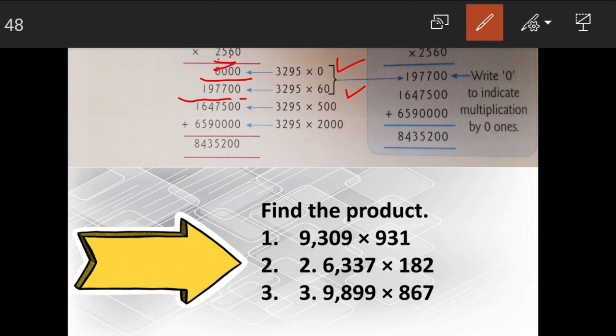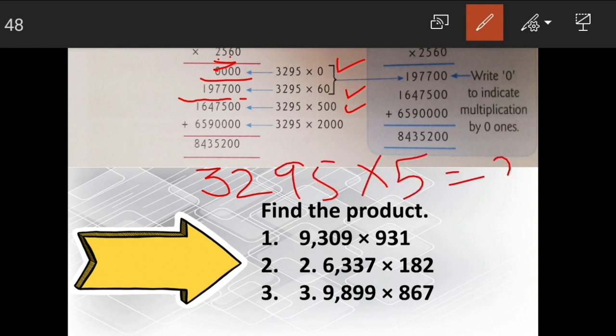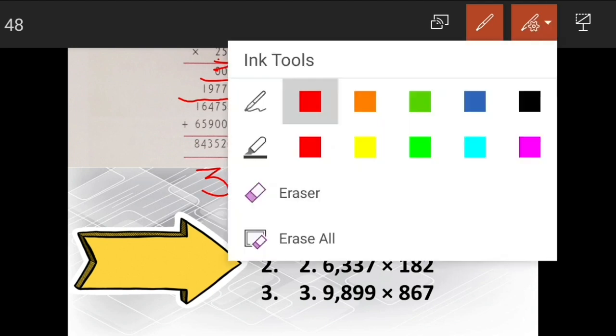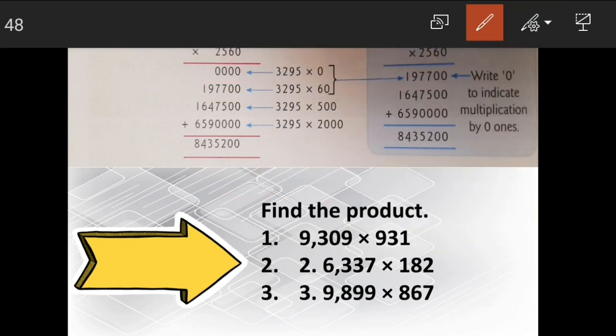Because 5 is in the hundreds place, that means we are actually multiplying 500 with 3295. So we have already learned when a question like this comes, first we have to multiply 3295 with 5, and whatever answer comes you have to add 2 zeros because 500 has 2 zeros with it. So we will multiply 5 with 3295, we will get 16475, and then we will add 2 zeros because 500 has 2 zeros.